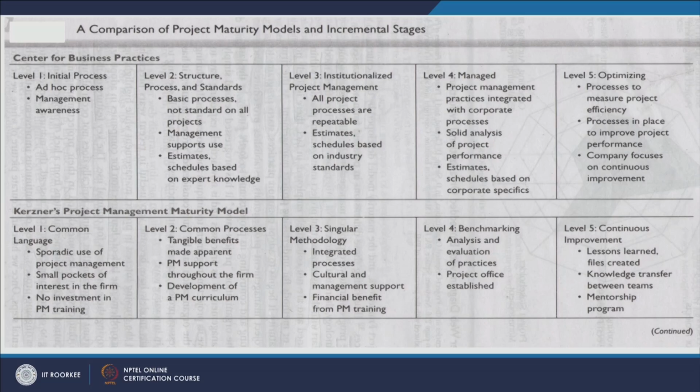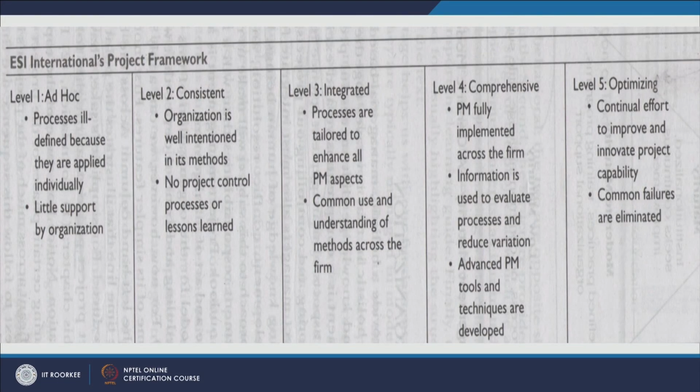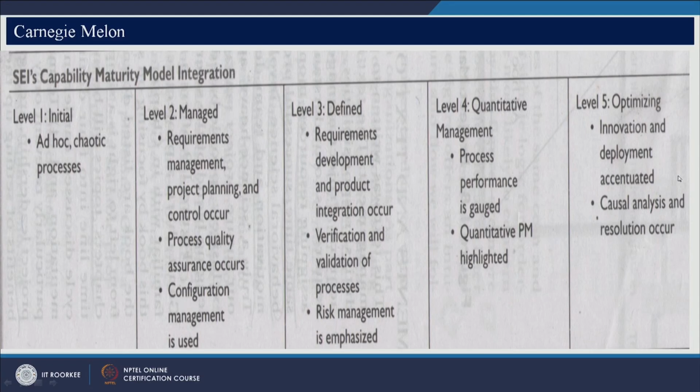It is called Kaizen. Then you have got ESI's International Project Framework. As I said, in this model also, initially you have ad hoc processes and finally optimization, and in between again there are 3 levels. If you look at Carnegie Mellon's model, here also you have initial processes, ad hoc processes, and optimization.